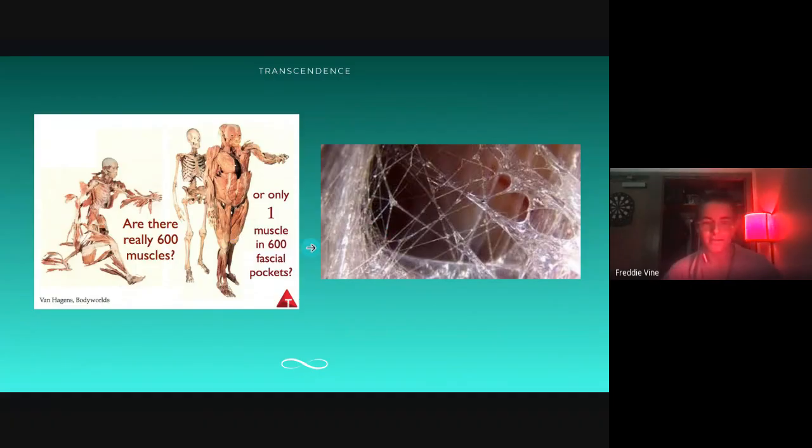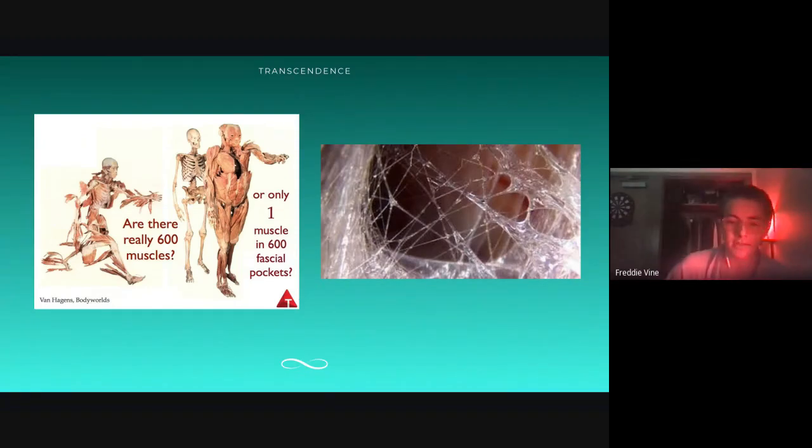So this is an example of what fascia is. As you can see on the right, this is a real close-up of it. In the human body, the fascia looks like this. It's this gel-like, clear, webby substance, right? It's mostly made of water and collagen.